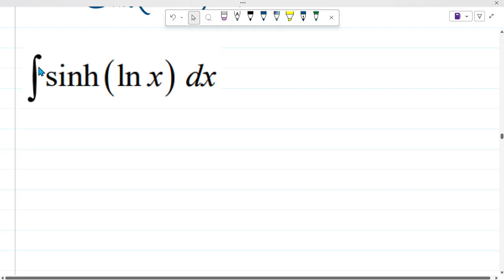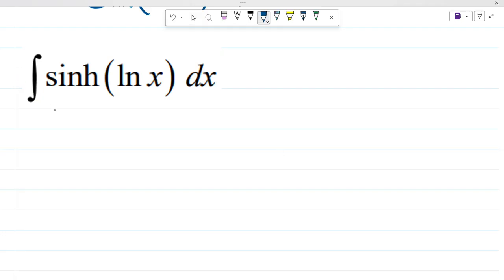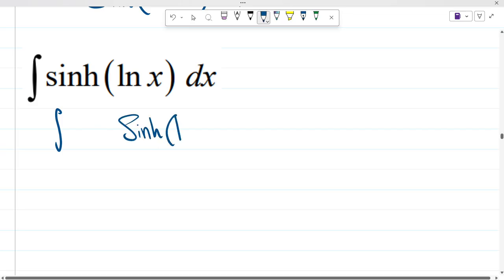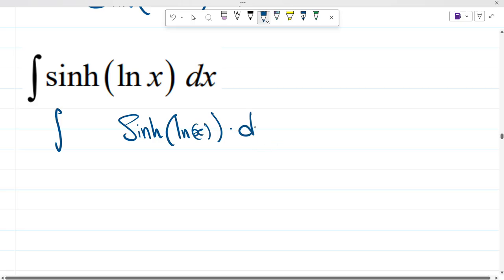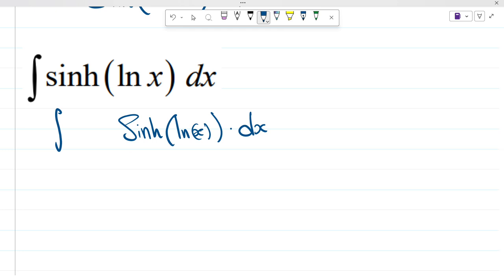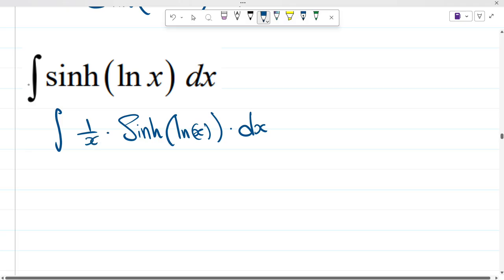Since we have hyperbolic sine of ln of x dx, you are not allowed to put 1 over x here to force it, although the logic is true that we need to first make sure that there is the derivative of the argument next to these hyperbolic functions. You're not allowed to put anything of variables.